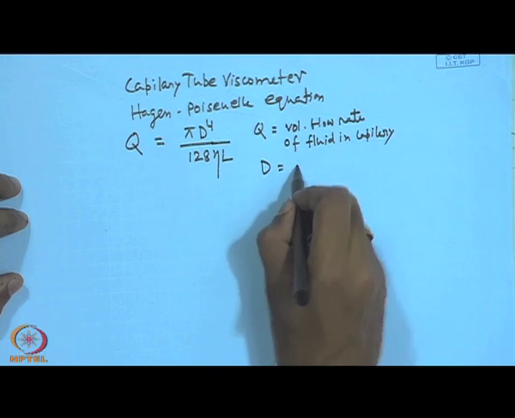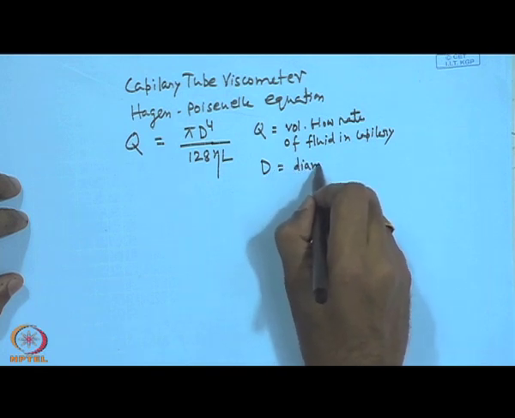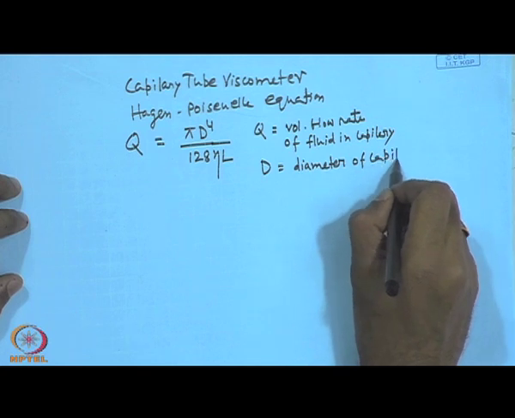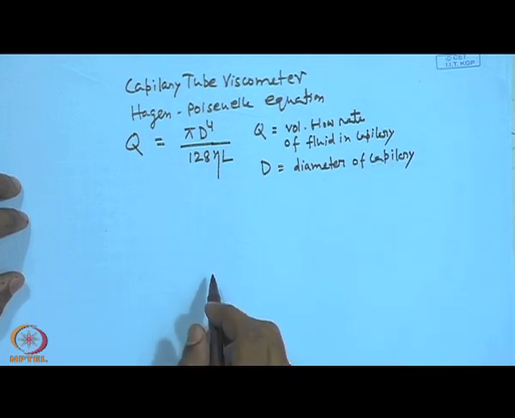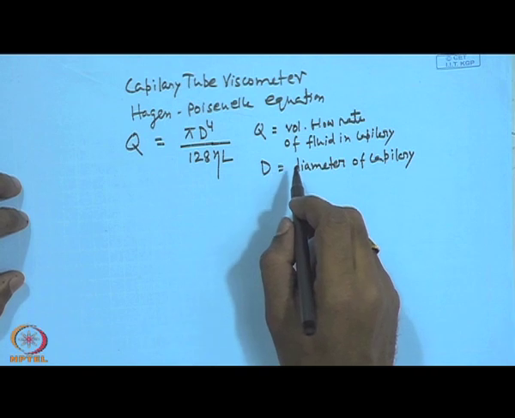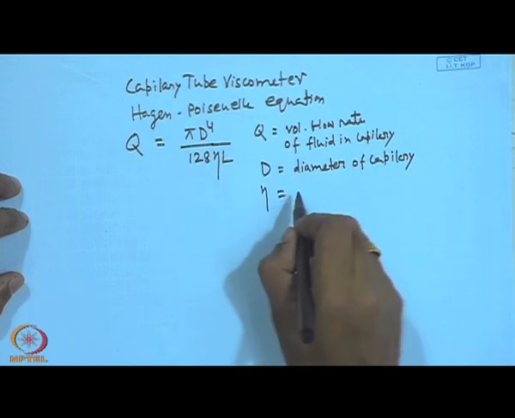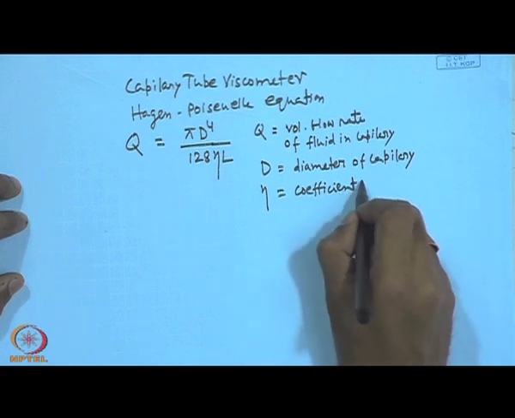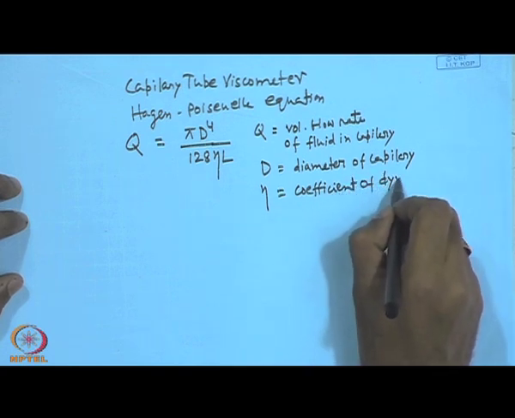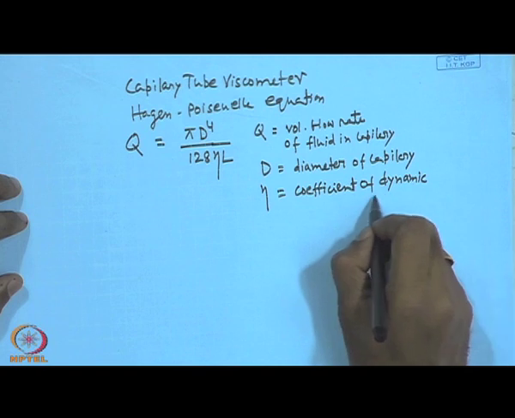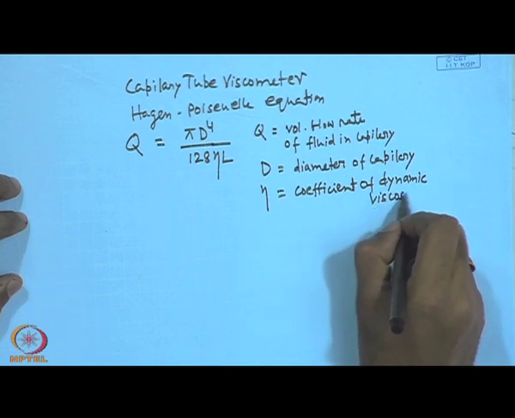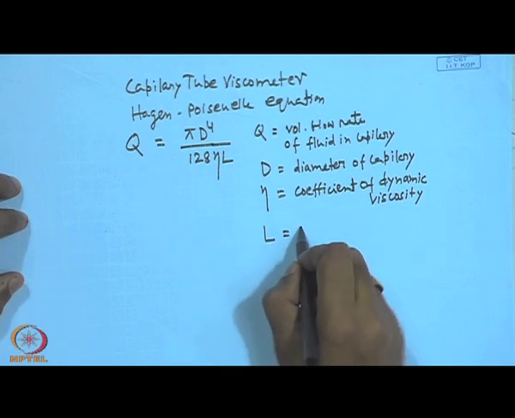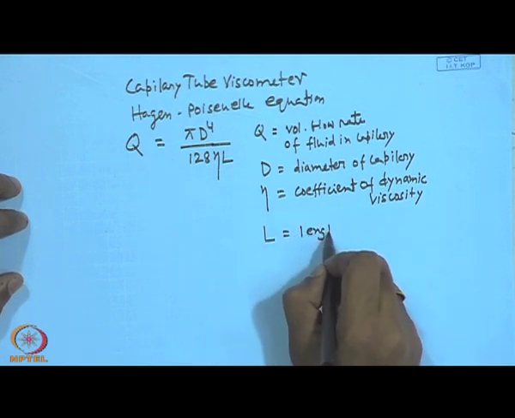D is diameter of the capillary. Eta is coefficient of dynamic viscosity. L is length of capillary tube.